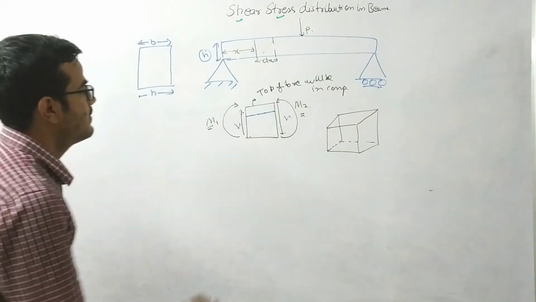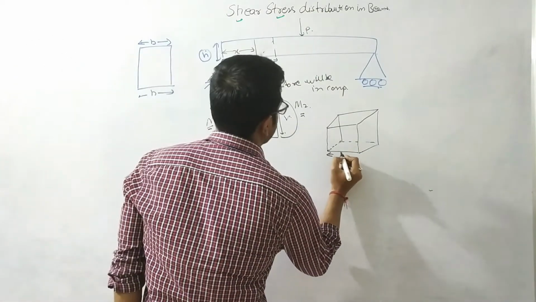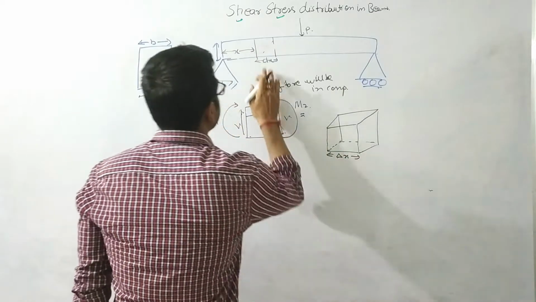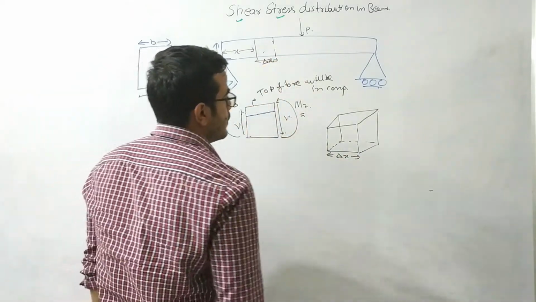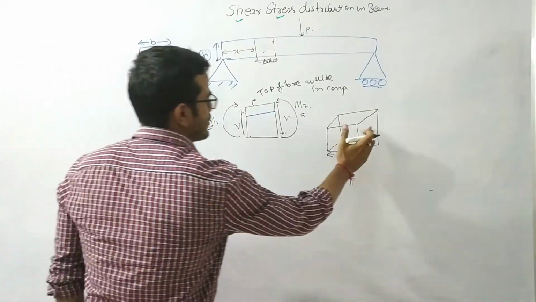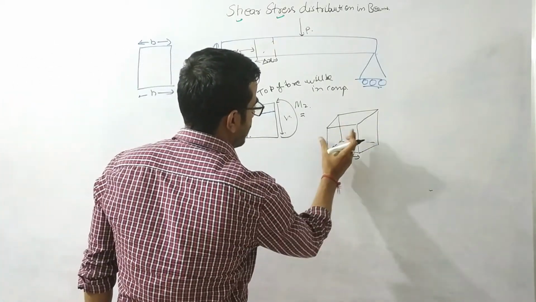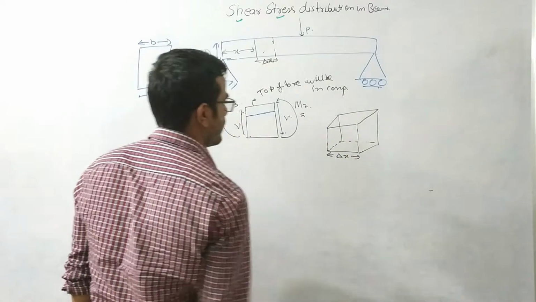This length is delta x. This is the front view, and this is the cross-sectional view.